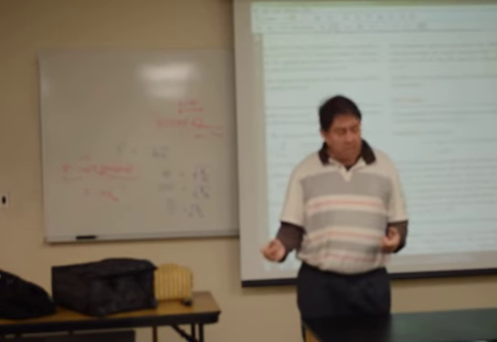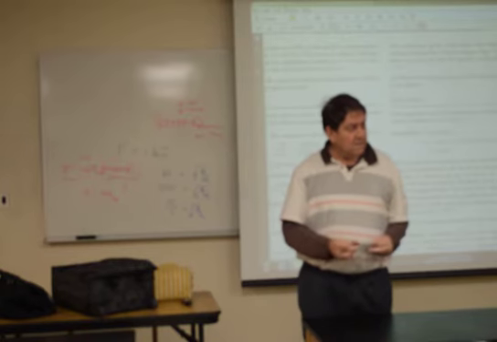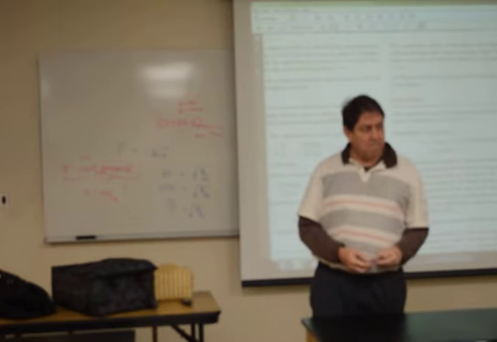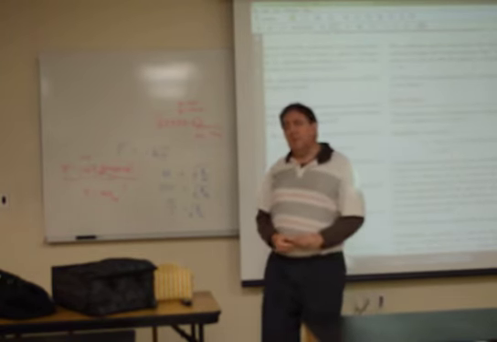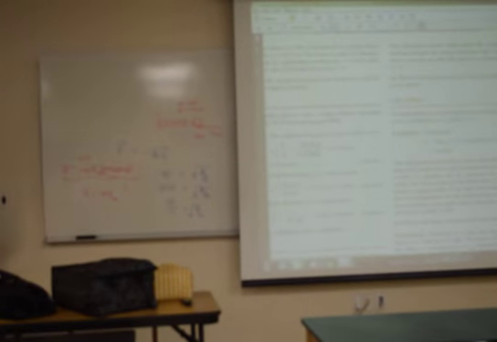Out here, its velocity is 0, right? The other side, 0, so our maximum velocity is in the center. So you just need to think about it a little bit, and you get the maximum velocity.